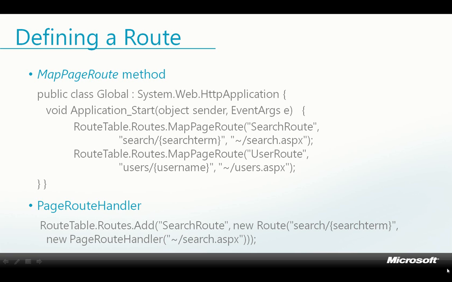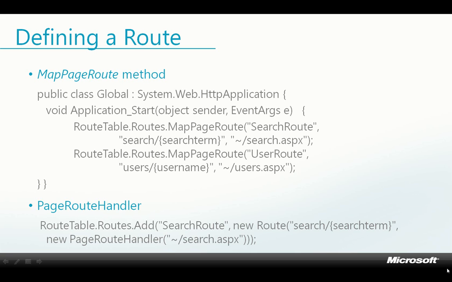And then in the second example, I'm doing it with a page route handler. Again, I'm adding a new route to my routing table. It is search/{searchterm}. I'm only showing the one here of the two, and I just instantiate a new page route handler that routes it to search.aspx. Either way, we're mapping a route, which is a user-friendly path, to a physical page, search.aspx.